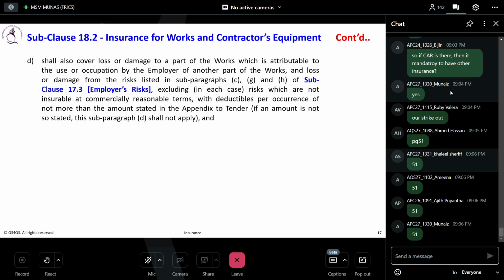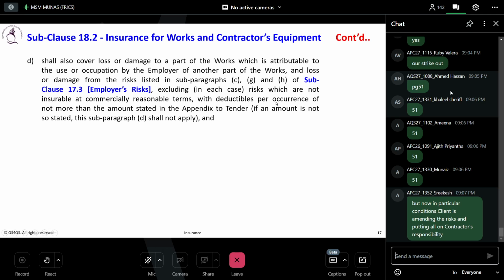Then it is a risk, or loss or damage from the risks listed in sub-paragraphs C, G and H of sub-clause 17.3. So if you see the employer's risks, go back to 17.3. What did it say previously? Okay, so excluding 17.3, but in D it says C, G, and H.